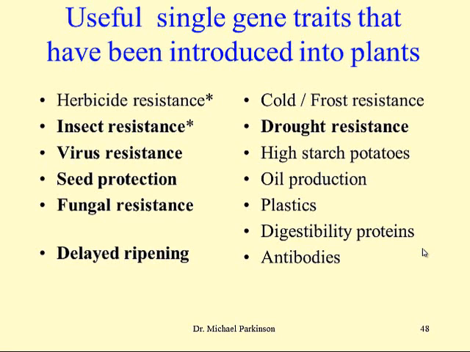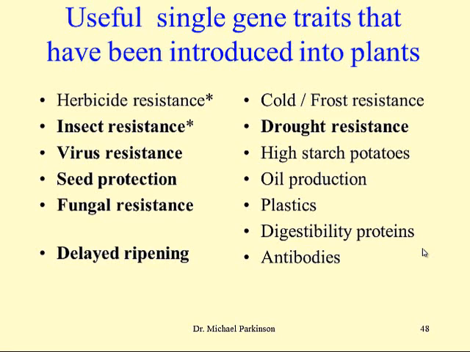Seed protection, you can put in a whole load of toxic compounds like lectins, and these will protect the seeds from insects that would devour them during storage. There are a number of different ways of putting fungal resistance in. And finally, delayed ripening.